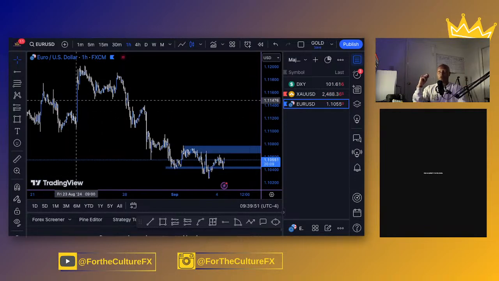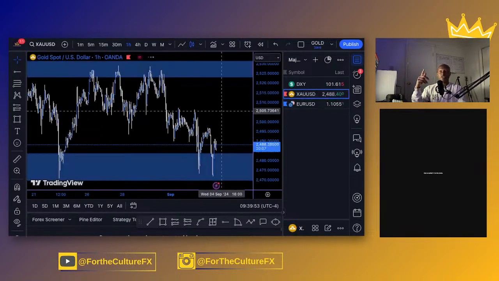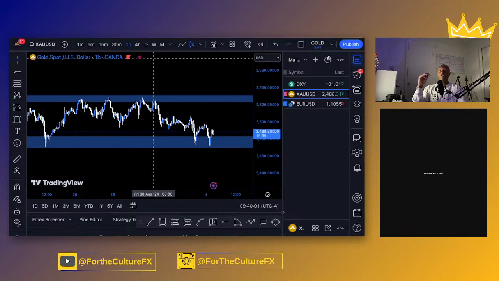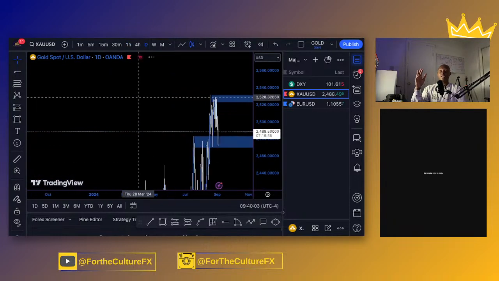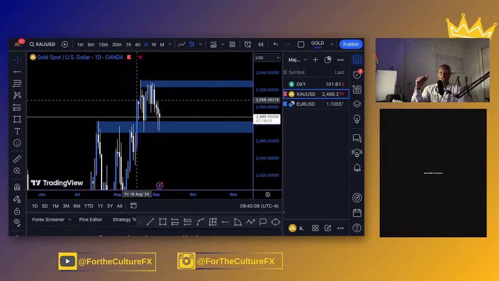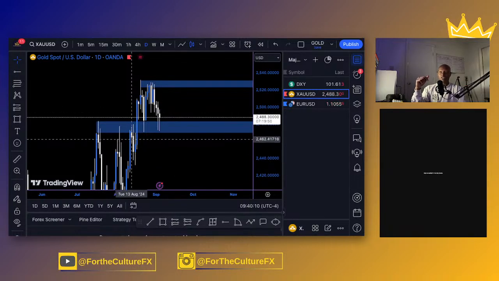And a lot of times on gold especially, you'll see a lot of Fridays where we'll see more volume on that Friday than we had seen almost in the whole week. Let's see, what day is this? This is a Friday. You see how the week started. This is the daily time frame.